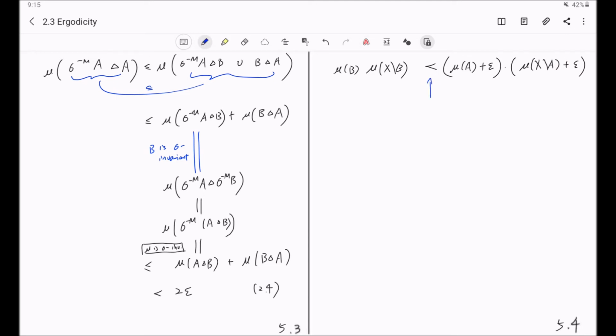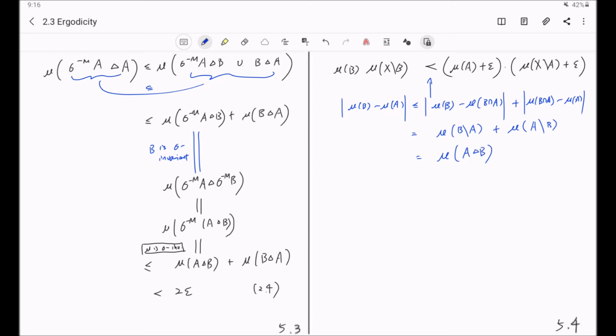So why do we have this inequality? This is because if you consider the absolute value of the difference between the measures of A and B, this, by triangle inequality, is less than or equal to the absolute value of the measure of B minus the measure of B intersection A, plus the absolute value of the measure of B intersection A minus the measure of A. And the first part is just the measure of B minus A, and the second part is just the measure of A minus B. And this is just the measure of the symmetric difference between A and B. And this is less than epsilon.